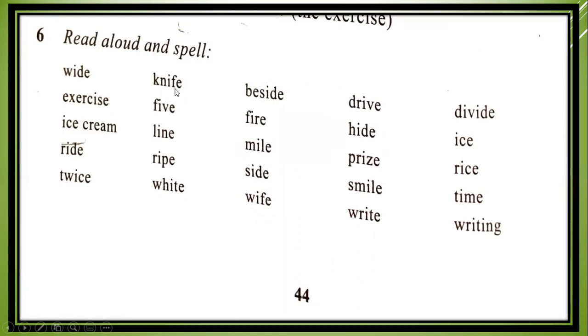I have already told you in previous lectures that whenever K comes before N, the sound of K is silent. Silent means you will not take out the sound of K. The word is knife, but you have to remember the spelling of knife starts with K.